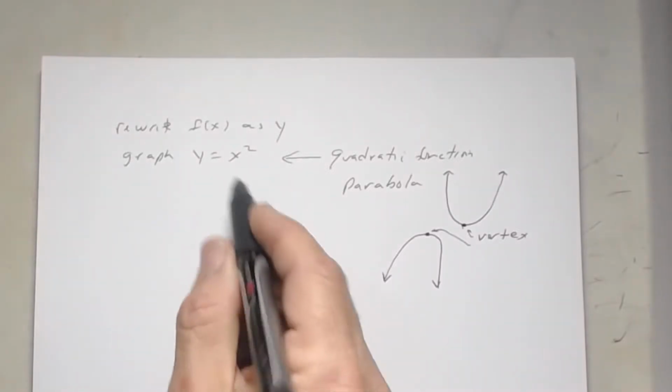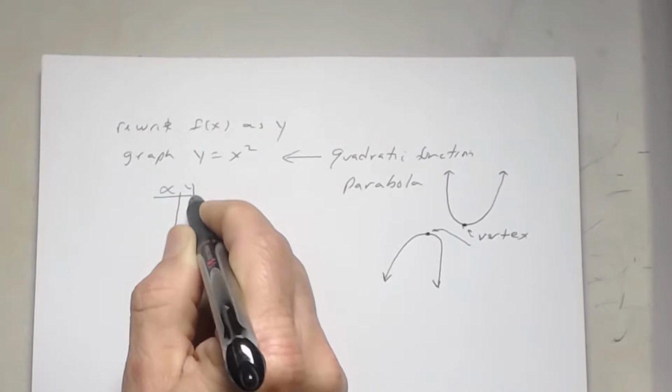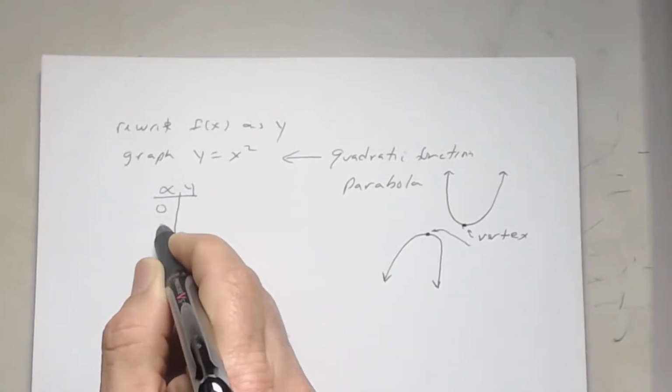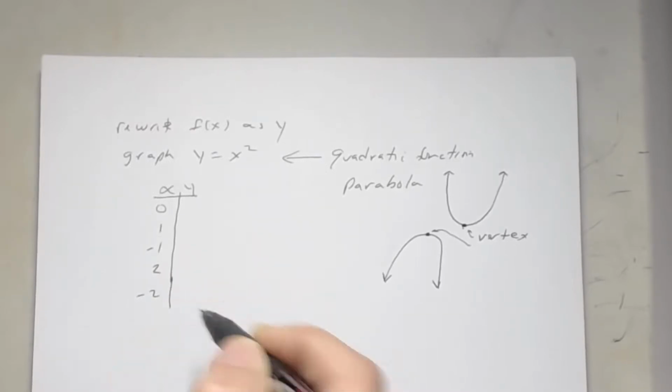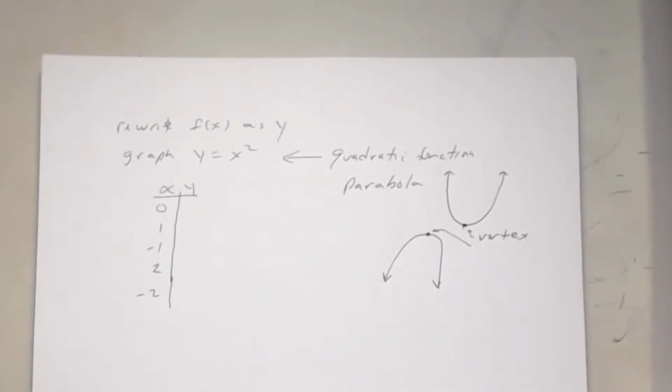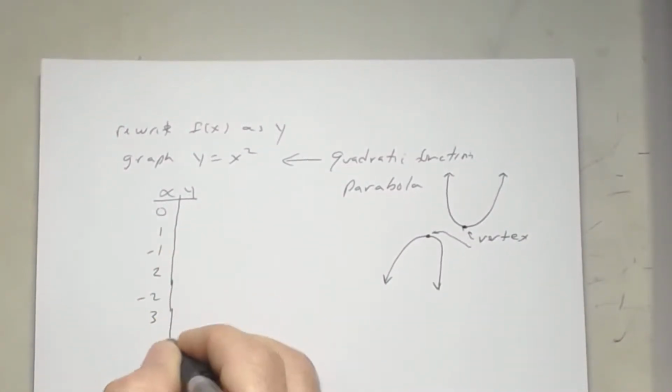So the points you're going to use for x squared are these. For x, you're going to use 0, 1, -1, 2, -2. And then let's use 3, -3, because I think we have enough grid lines to do this one.